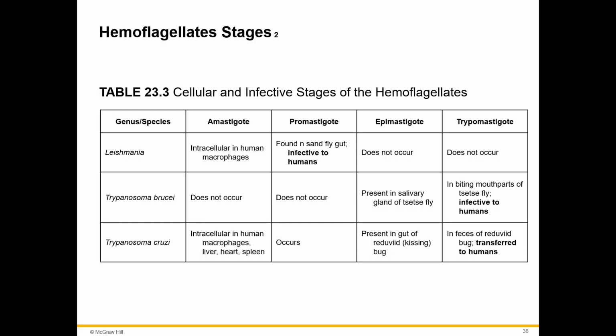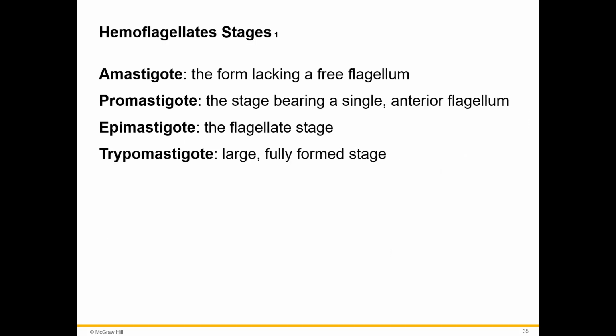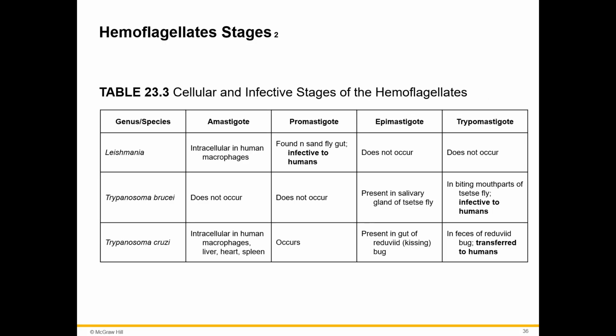And so with the Leishmania species, right? These are intracellular, okay, and they can get into our macrophages. Where are they found? Well, in their promastigote stage, right, which we know as the single flagellum, they're going to be in the sandfly gut, okay, and then that's where they're infective to humans, right?